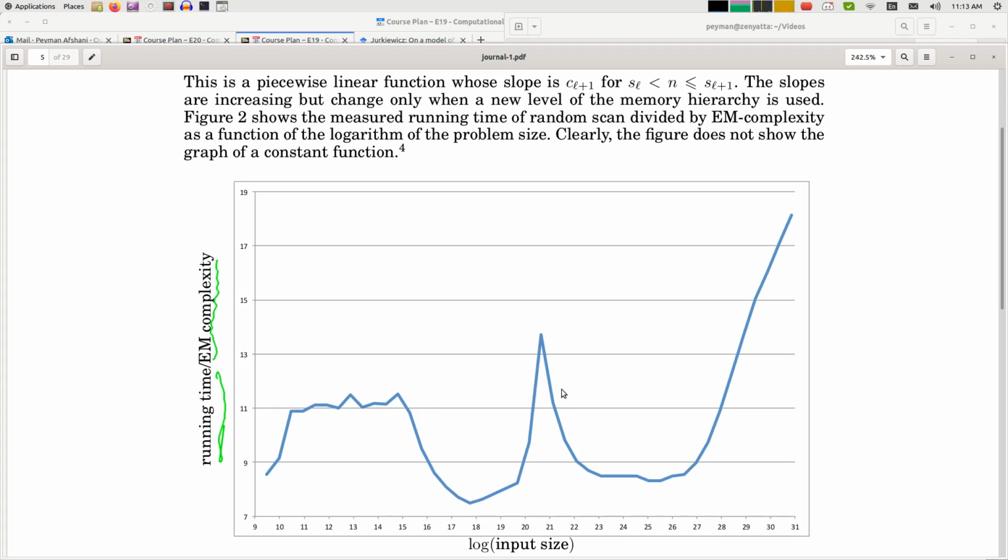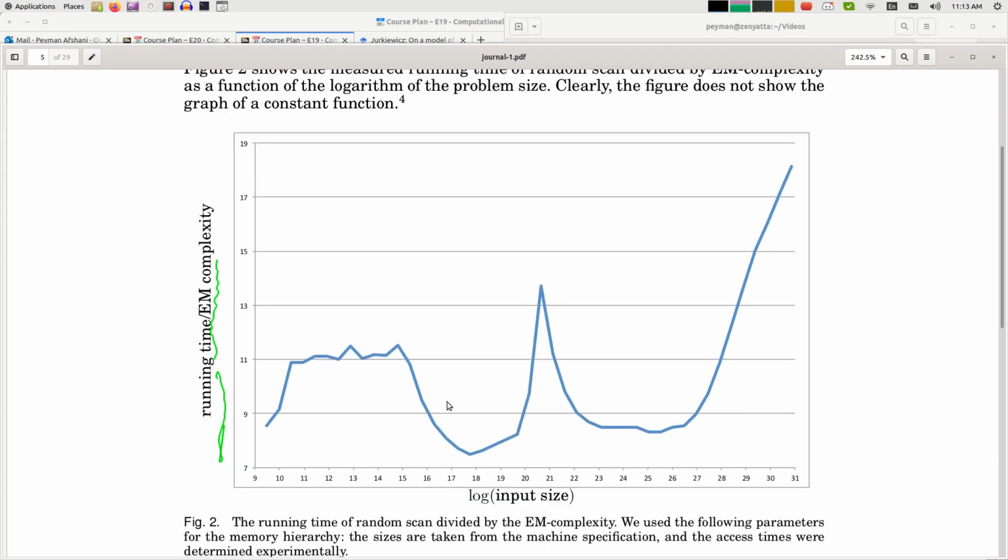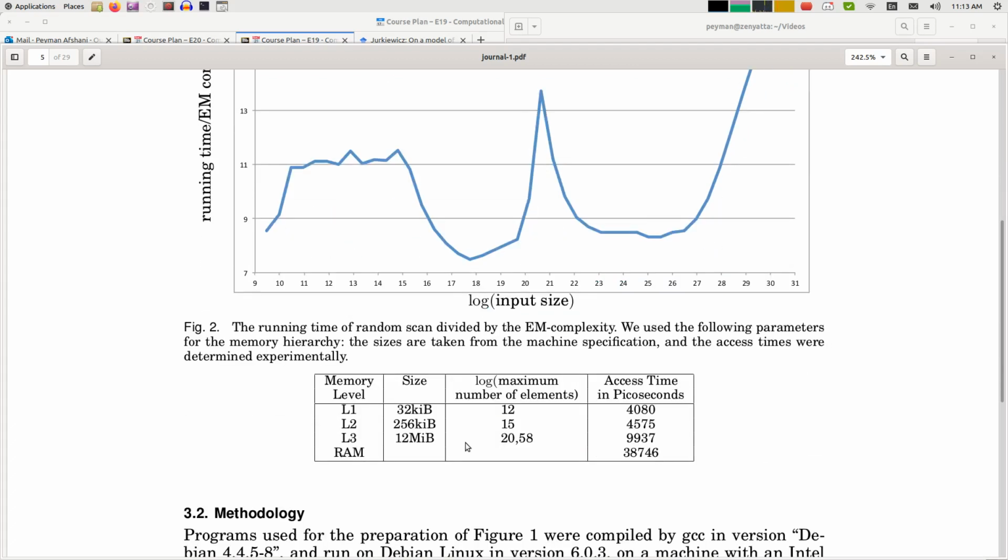It has this bumpy shape. It shows that there is something off here. This does not explain the behavior that we see. And again, this is for the random permutation, I think. Is this convincing? Then they also have the specification of the machine that they used here.